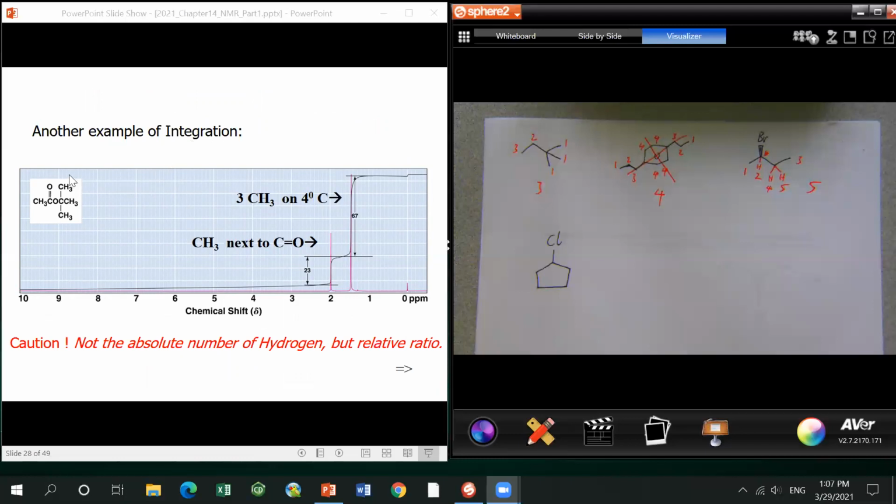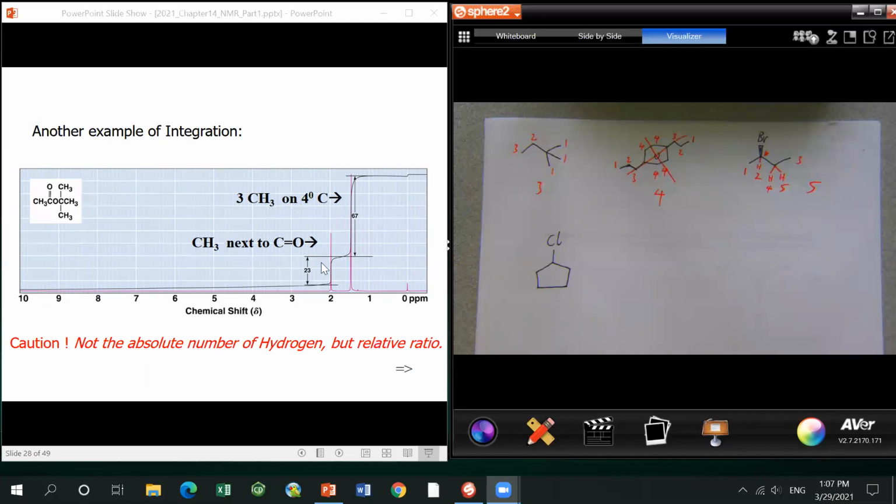This one is t-butyl acetate, an ester. The CH3 gives one signal, and the t-butyl group, with 9 protons, gives another signal. So only 2 signals. In its NMR spectrum, indeed there are 2: the CH3 with 3 protons and the t-butyl with 9 protons, a relative ratio of 1 to 3.